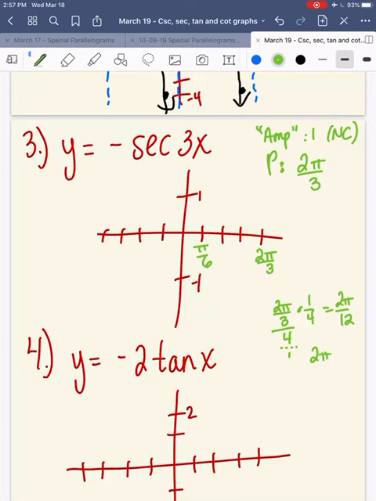Okay, then the next one we're going to do 2 pi over 3 divided by 2, which is like timesing by 1/2. So that equals 2 pi over 6, and that reduces to pi over 3.